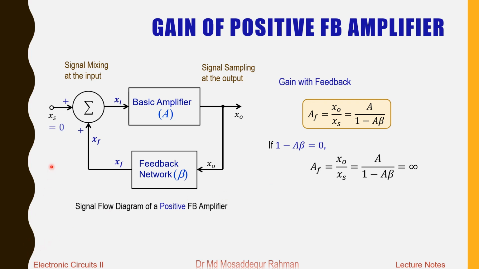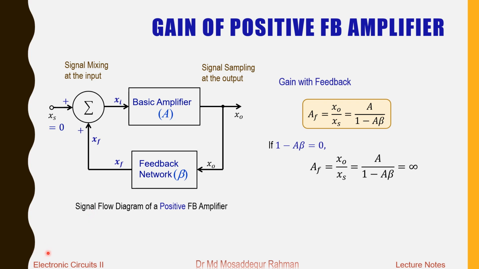So here now we can make the signal Xs 0. First we had this input signal Xs to develop our mathematical formulations. Now we see that if we make 1 minus A beta 0, then we can have an infinite gain, and then it is possible to make the input 0 and still have an output X naught.